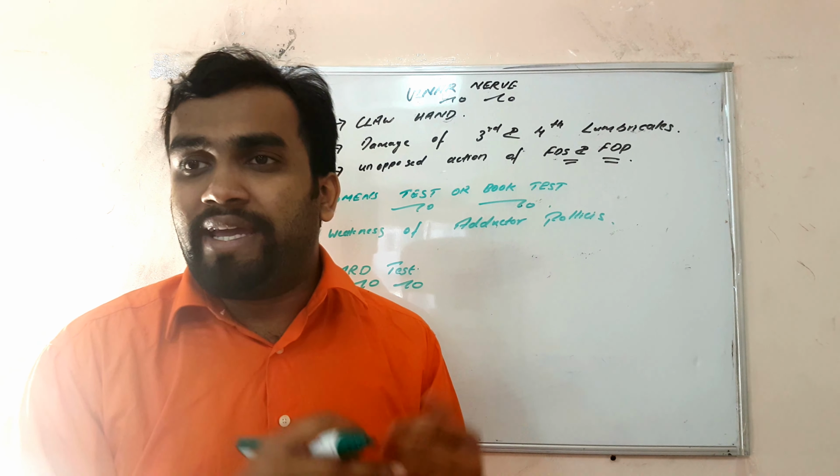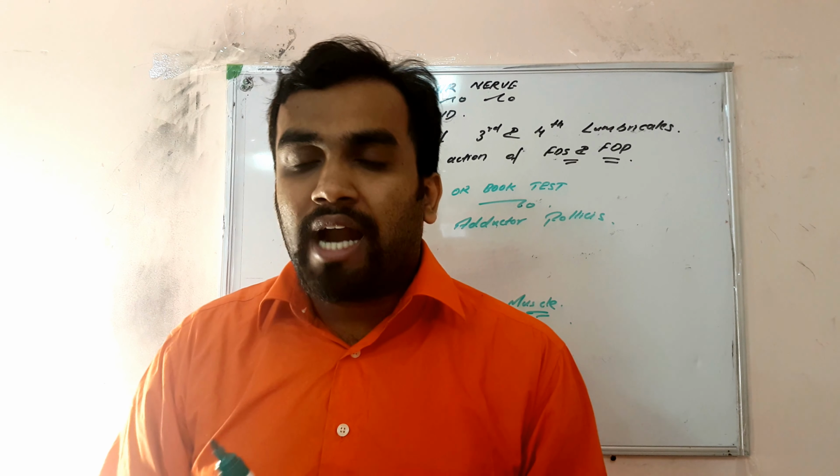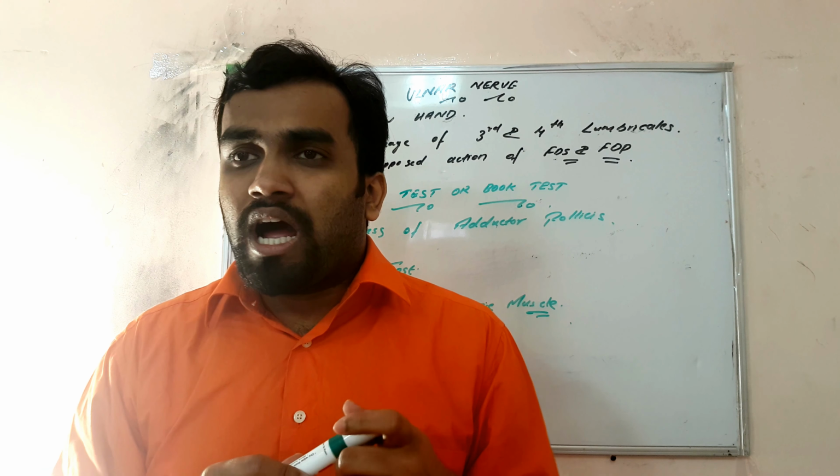If you put a card in between the fingers, the patient with ulnar nerve injury will not be able to hold the card in between the fingers. That is due to paralysis of the interossei muscles. You have palmar interossei and dorsal interossei. So here we do the test known as card test. So these are the tests for the ulnar nerve.